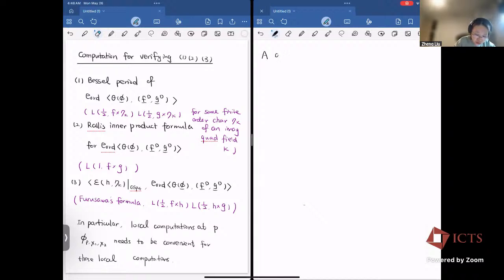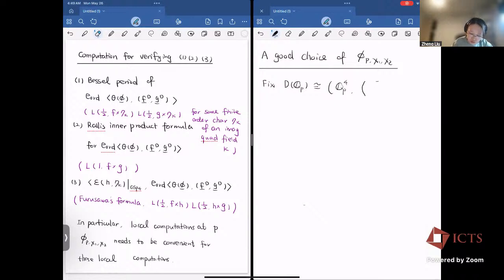So, a good choice. I will first fix an isomorphism of the quaternion algebra at p with the four-dimensional space equipped with the standard split orthogonal form.